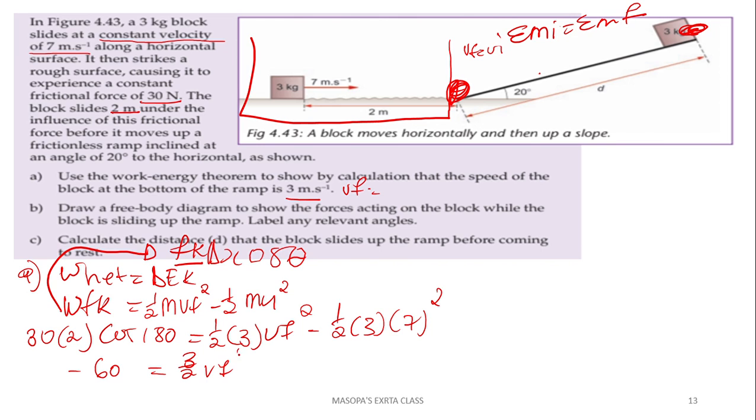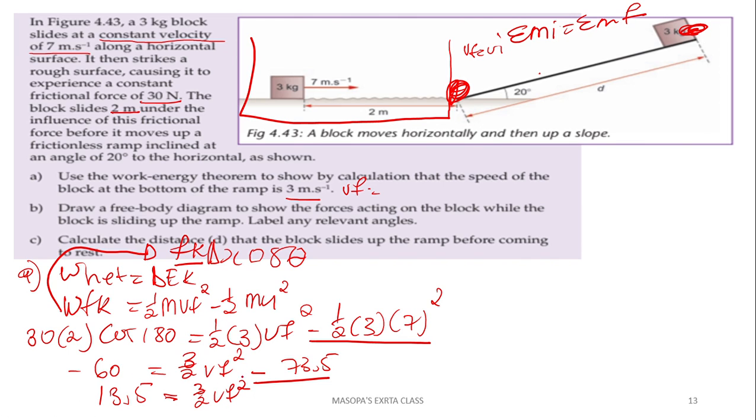And then here you are getting 73.5. You transpose to the other side, so it's going to be negative 60 plus 73.5, which is 13.5. That equals 3/2 Vf squared. Then you divide by 3/2 on both sides, and you take the square root on both sides.